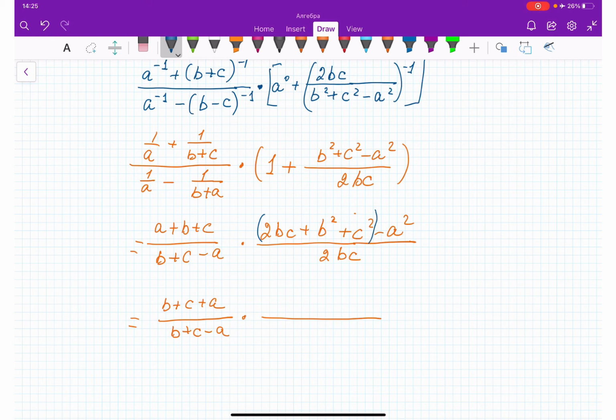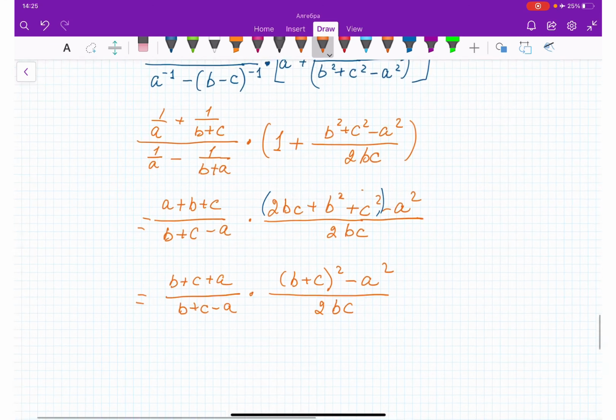This is going to be (b plus c) squared, right? Let me put it in parentheses so it will be clear. We are getting (b plus c) squared minus a squared, because it's the perfect square b squared plus 2bc plus c squared, and divided by 2bc.